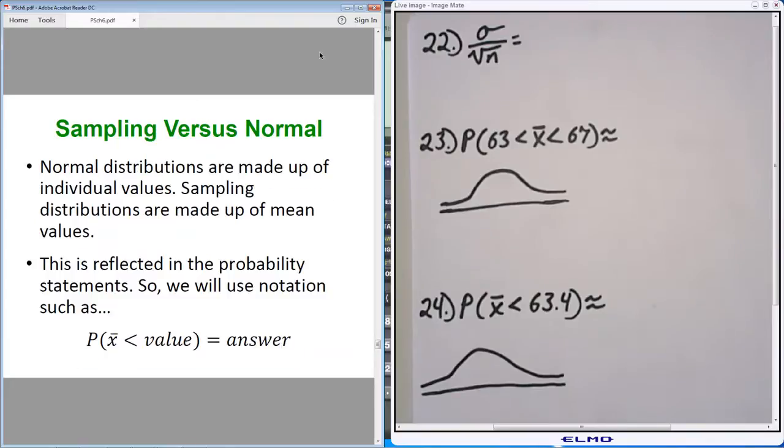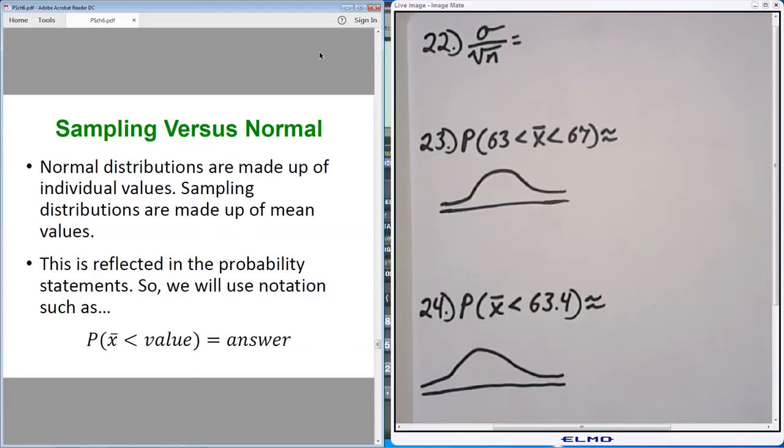As mentioned earlier, normal distributions are made up of individual values. The sampling distributions are made up of mean values. And we reflect that when we write the probability statement. So we'll use notation like this. Capital P for probability. So probability of, parentheses, x bar is less than or greater than or in between two values.